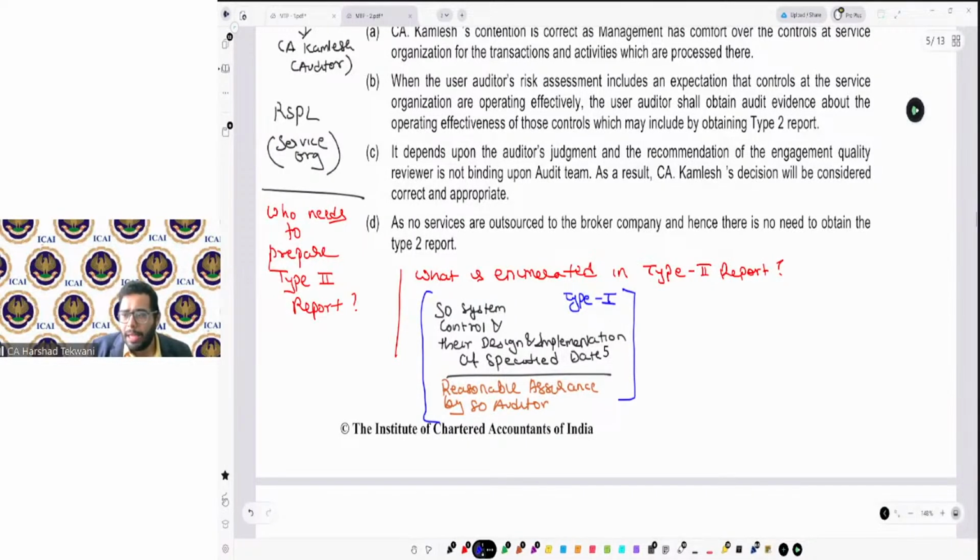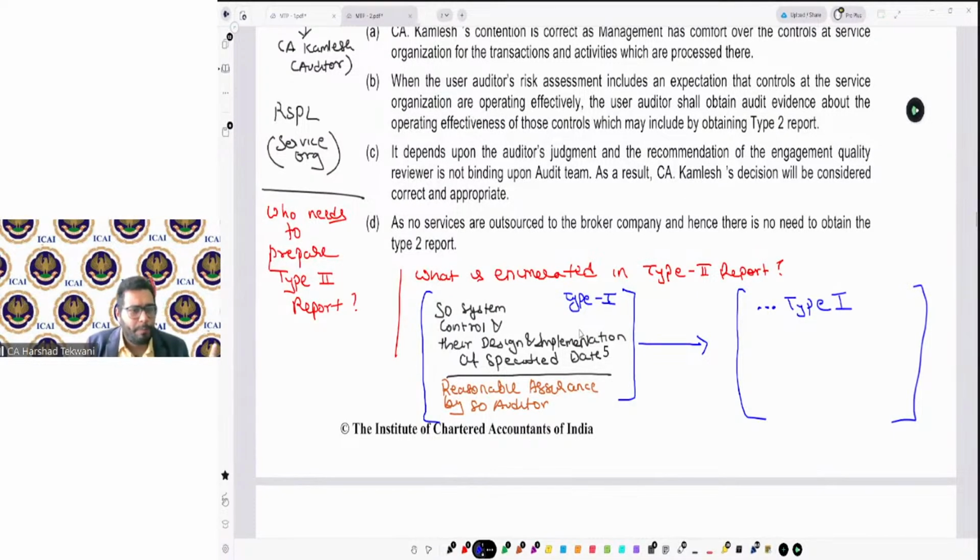Now when I come to the type 2 report, between type 1 and type 2 there is a difference. From type 1 to type 2, everything is the same. So type 1 and type 2, everything is the same.